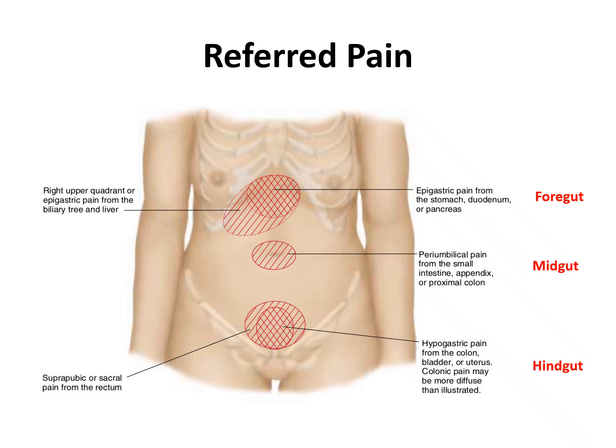Having said that, you should be aware that sometimes pain arising from a particular organ may not arise in the area where that organ lies, and it may arise elsewhere. This has to do with the embryological origin of the intra-abdominal contents.